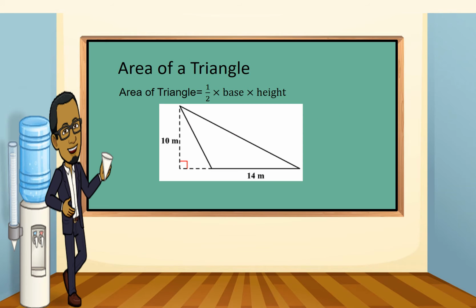In this case, the perpendicular height is 10 meters and the base is 14 meters. What would be the area of this shape?